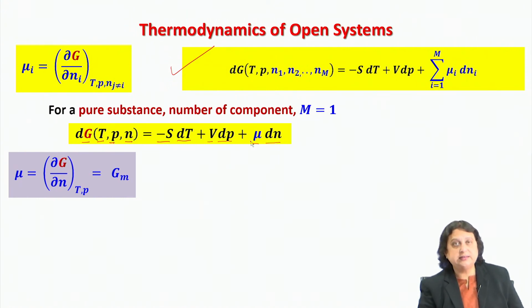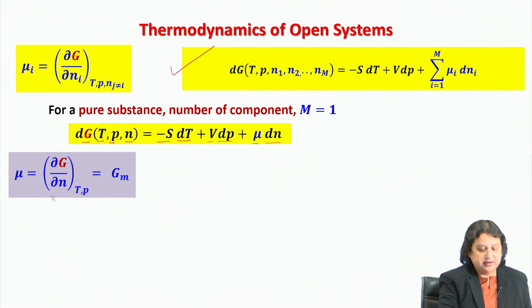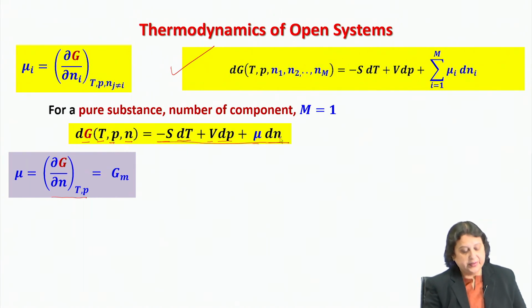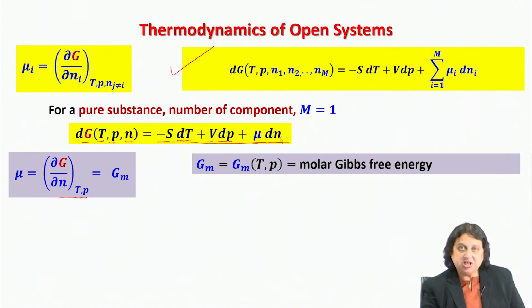Now, if I look at this expression, I know that mu is (∂G/∂N) at T, p by definition. Now, I look at the right hand side of this, and that is where I get the definition of mu. Now, this has to be equal to the molar Gibbs free energy. Now, Gm here is defined as the molar Gibbs free energy at that given temperature and pressure.